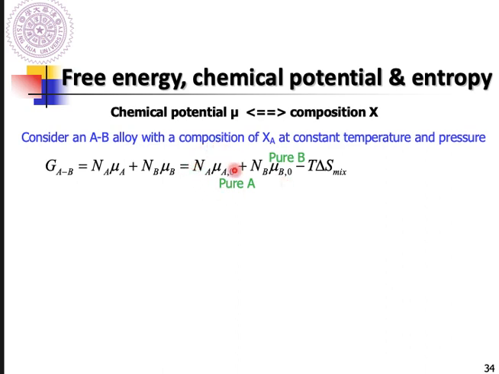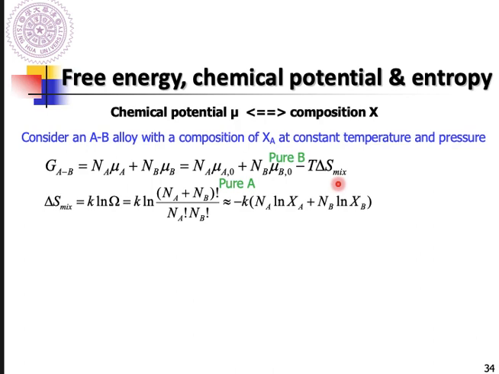This is the pure A part plus the pure B part, and because this is an alloy, you need to subtract the mixing term, which decreases the total Gibbs free energy. So the mixing term is minus T delta S mixture.